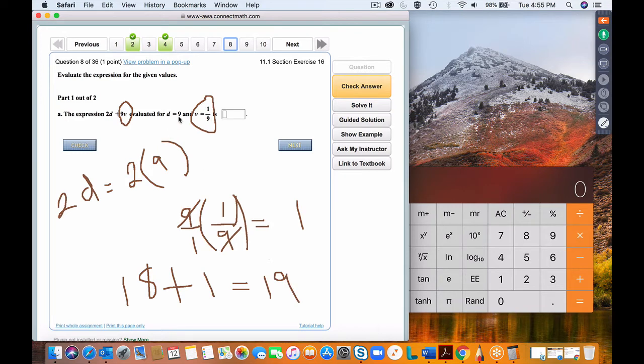So remember, this 9 will replace the D, because this is D. D is equal to 9. So 2 times D is the same as 2 times 9, which is 18. Plus 1, 19.